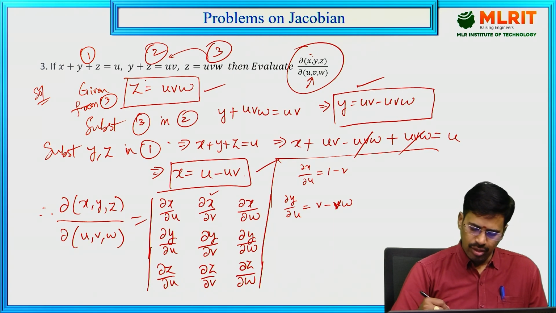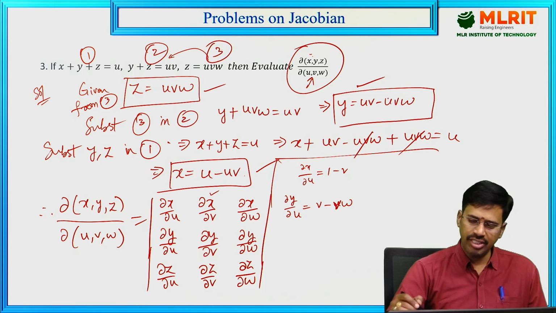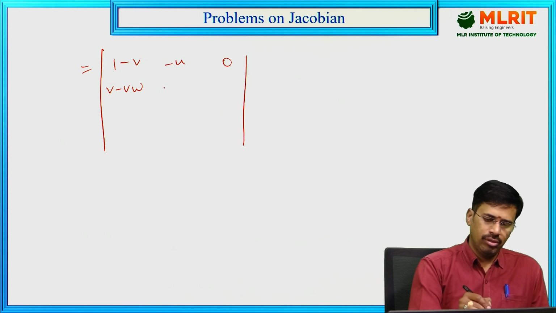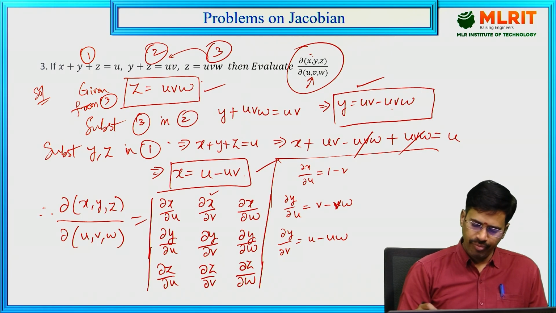Next, ∂y/∂v, you differentiate y with respect to v, that is u minus uw. Next, ∂y/∂w, that is 0 minus uv.